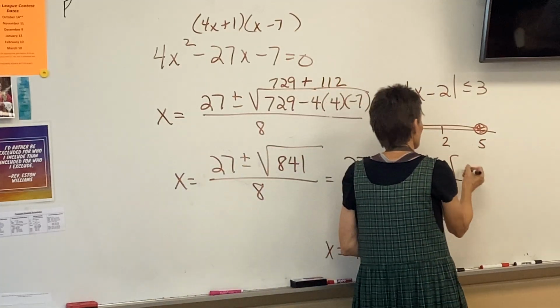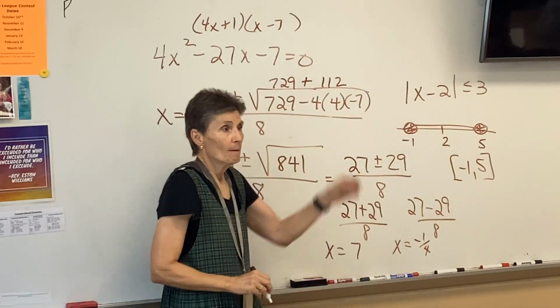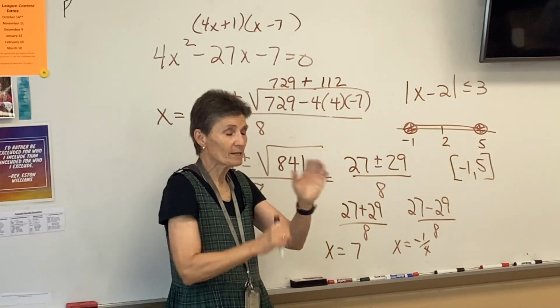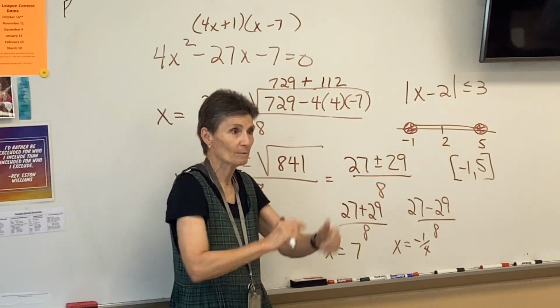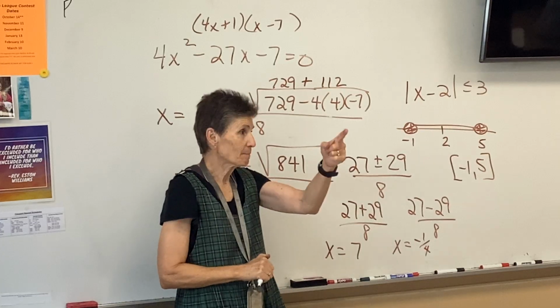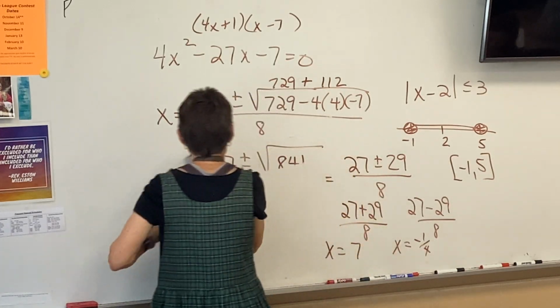So my answer is -1 to 5. Max Bird has studied and knows what he's doing, so he just boom, boom, boom. There you go. You gotta practice. Be like Max.